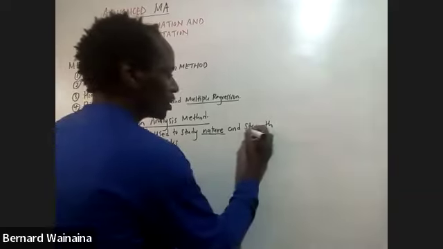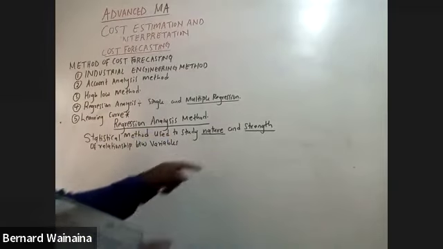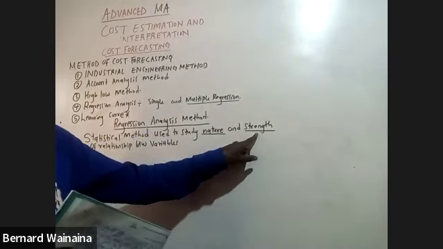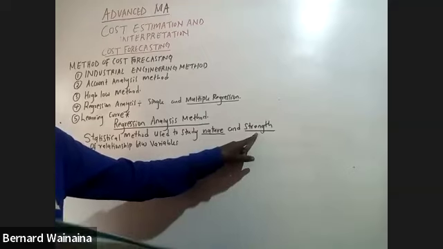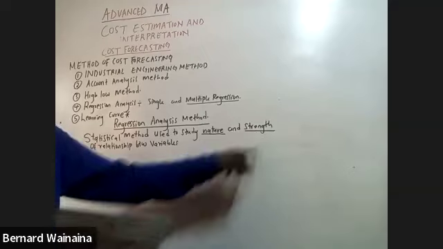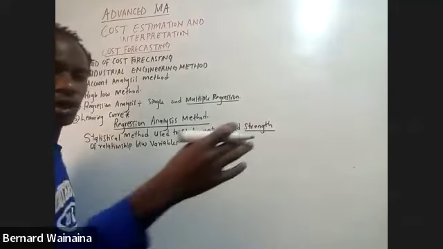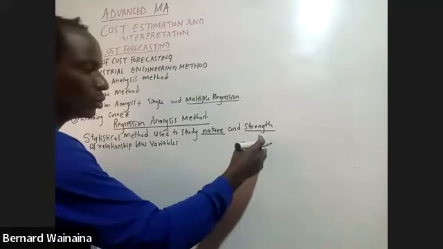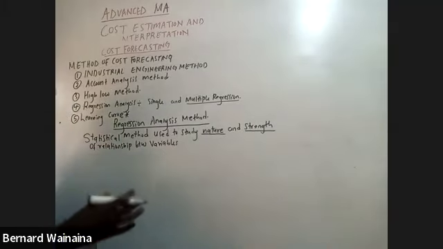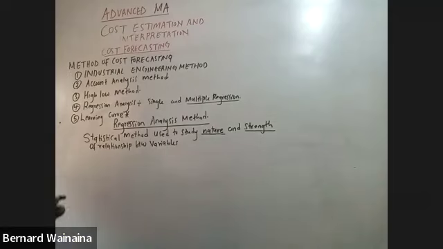When we talk about strength, we are talking about a strong positive or weak positive correlation. So is the relationship having a weak correlation or a strong correlation?